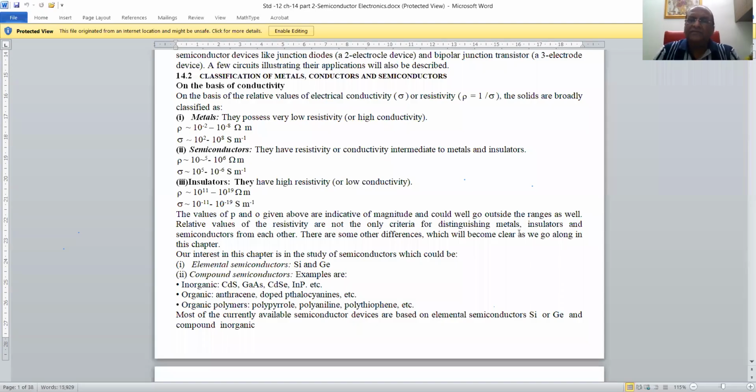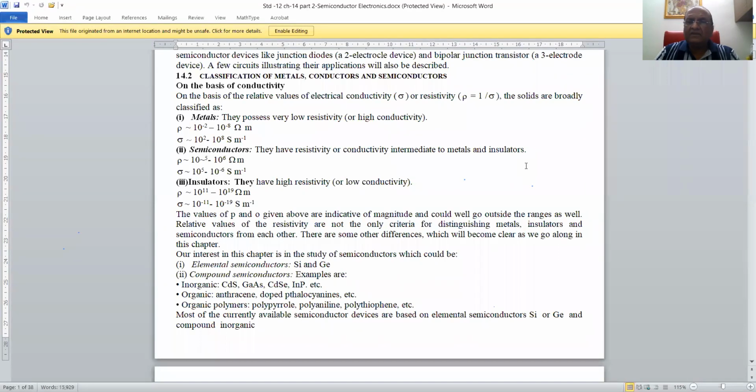Then when scientists studied the voltage-current relationships for different types of materials, and calculated the conductivity as well as resistivity of different materials, the materials were classified in three categories: conductors, insulators, and semiconductors.